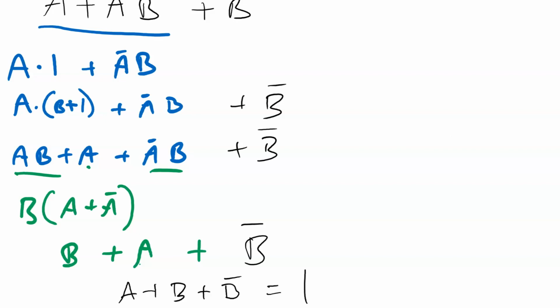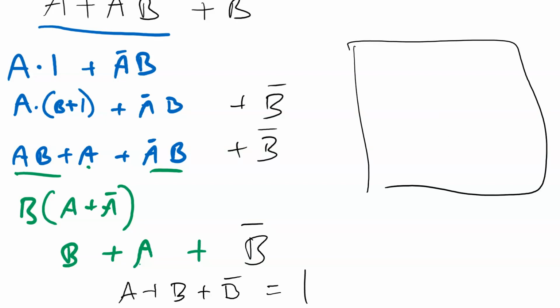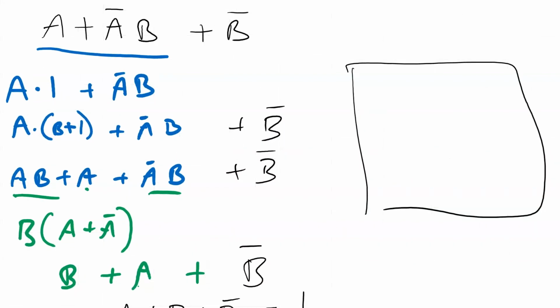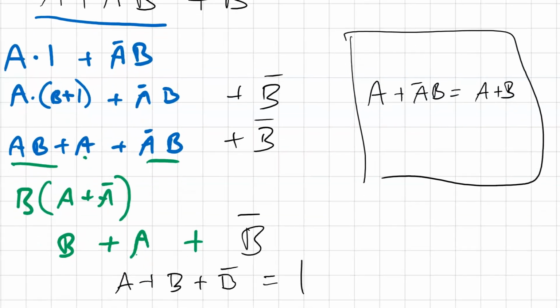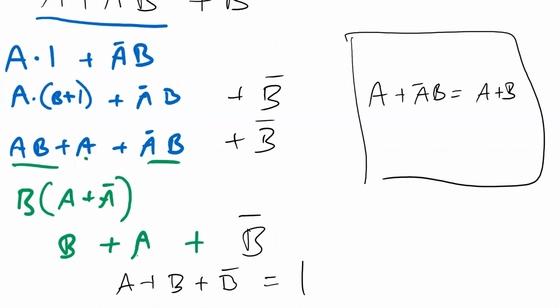Could I ask that you double check that you understand why A or not A and B equals A or B? I suggest you work your way through this little bit I did over here, and doing a truth table wouldn't be a bad idea either, just to prove to yourself that that is actually an identity.